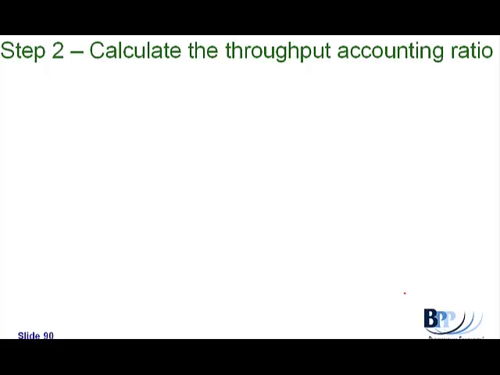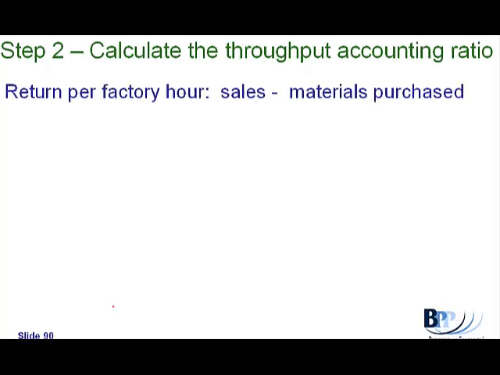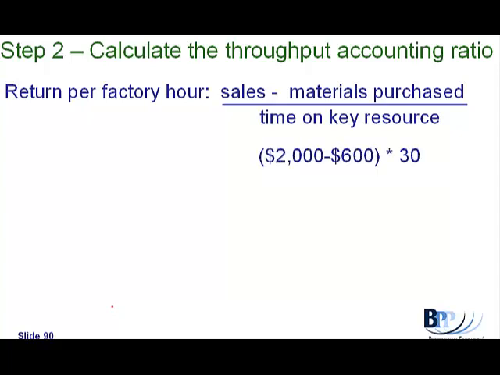Now remember, that is made up of your return per hour and your cost per hour. So let's remind ourselves of the return per hour ratio first of all. We've got our sales less materials purchased divided by our time. Now we know that our return per unit, sales less materials purchased, was 1400.